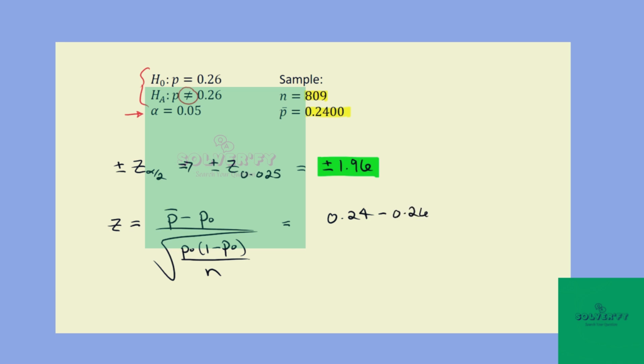So this gives us the following. And this comes out to minus 1.30 approximately. Rounded to 3 decimal places, this is going to be minus 1.297.